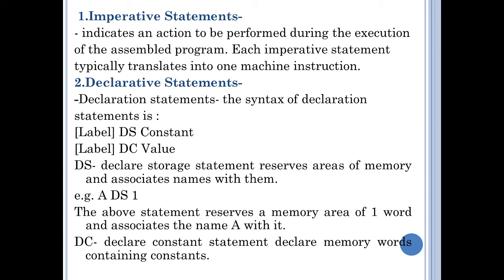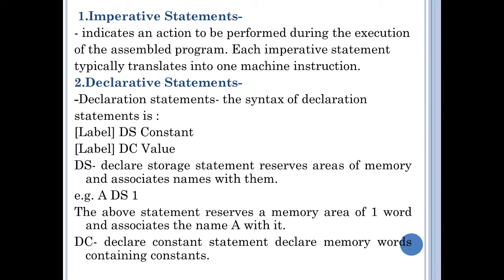Second is the declarative statement. These statements are important to declare any type of variable in assembly level languages. The syntax of a declaration statement is: label DS constant, label DC value. What are DS and DC?